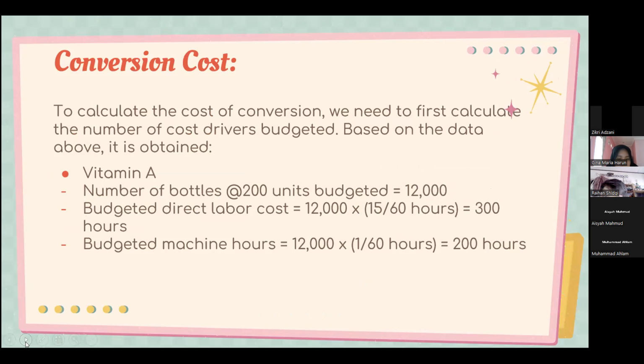First, the number of bottles of 200 units budgeted is 12,000, and budgeted direct labor hours are 12,000 multiplied by 1.5 divided by 60 hours, and the result is 300 hours. And budgeted machine hours, we have 12,000 multiplied by 1 per 60 hours, which is 200 hours.